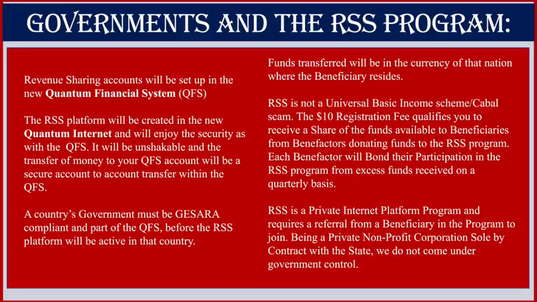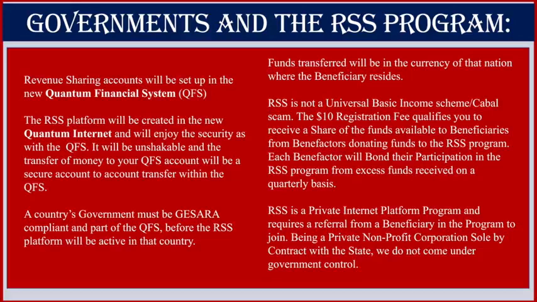A country's government must be NESARA compliant and be a part of the QFS before the RSS platform will be active in that country. It's going to be hard to get around that, but we'll figure out some ways to think the way will be opened up for us to get money into the hands of most people in the world. Their governments have to not be involved.